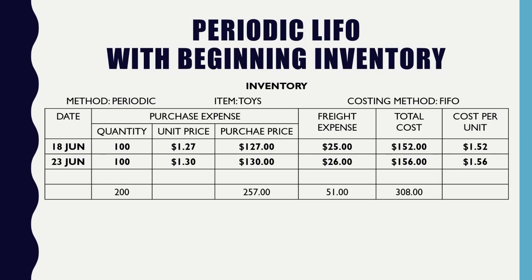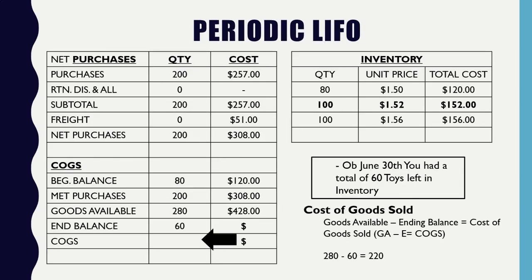Total up your totals, because this is where you plug in the bottom half for your net purchases. Now, here is the difference. If you line up all the items in your inventory, you're going to notice that you have June 15, June 18th, and June 23rd, in that exact order.